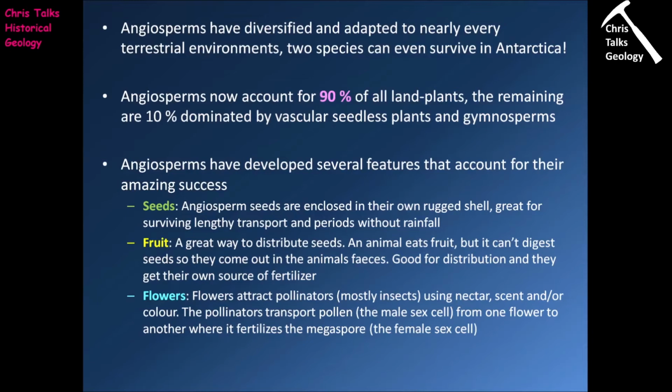Now, the pollinators will transport pollen, which is the male sex cell, from one flower to another, and hopefully some of that pollen will be transported to a new flower, where some of it will rub off onto the new flower, and those male sex cells will then go to fertilise the female sex cells, producing a seed.